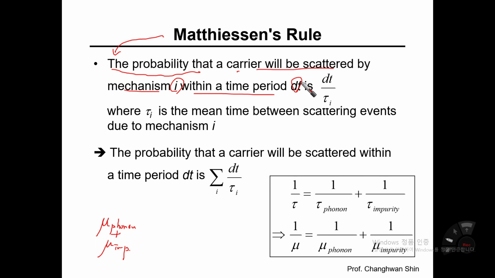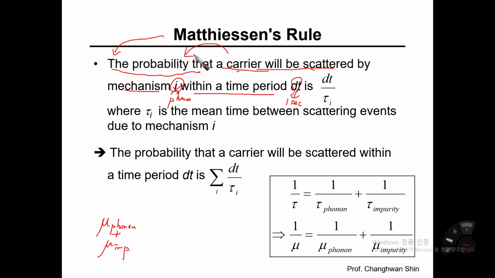But it's hard to understand it. So suppose that this is 1 second. For a single second, mechanism i, just say phonon. Because of phonon, within 1 second, a carrier can be scattered.